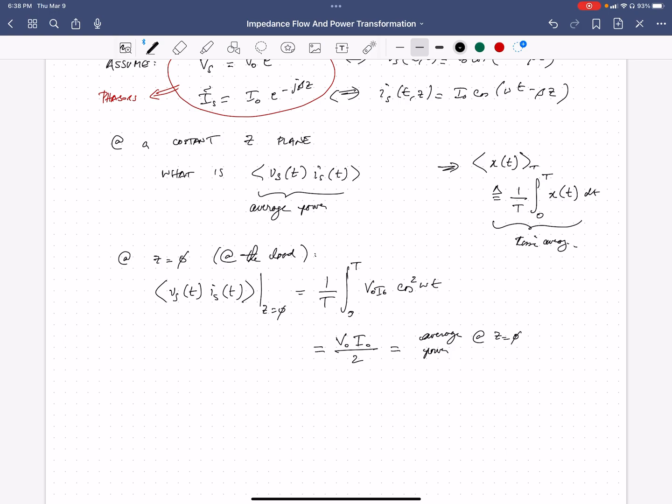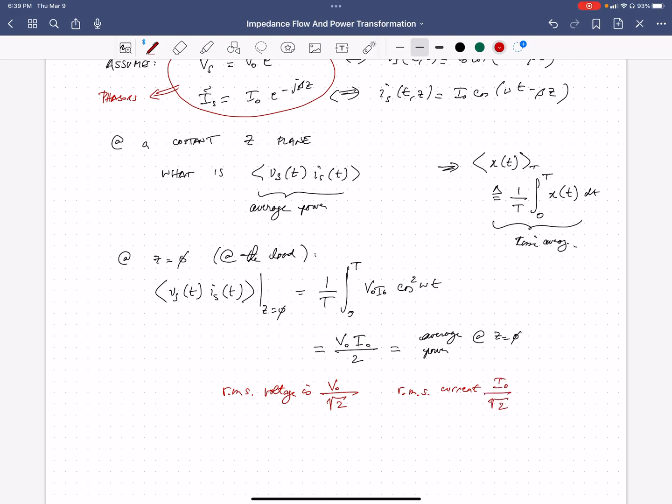And that's what we expect, because we know the RMS voltage is V0 over square root of 2, and for a cosine or sine wave the RMS current is I0 over square root of 2.